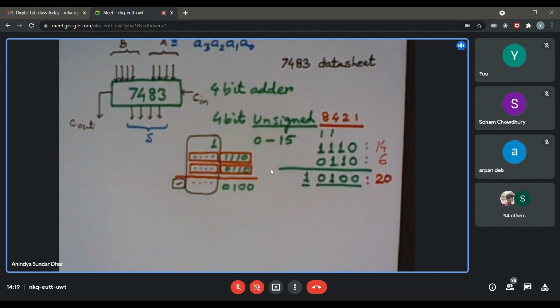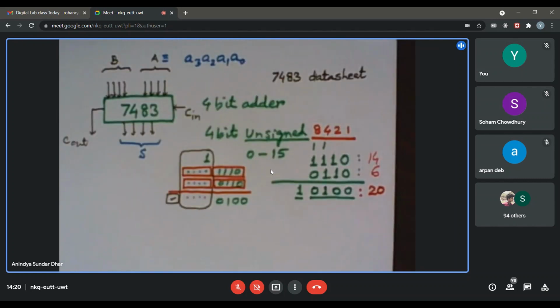Okay, so if I talk about at least my version of Circuit Maker, that is 6.2, then if you open that and drag a 7483, you can apply some signal over here. You know how to apply a signal. What could be the easiest way of applying a signal?